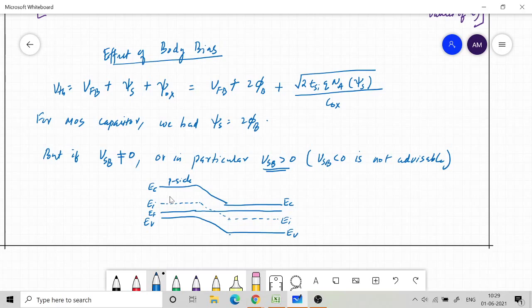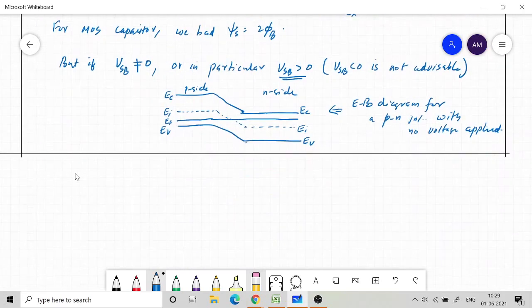Here I have assumed there is no voltage applied, so this is the N side. So this is basically the EB, energy band diagram for a PN junction with no voltage applied.